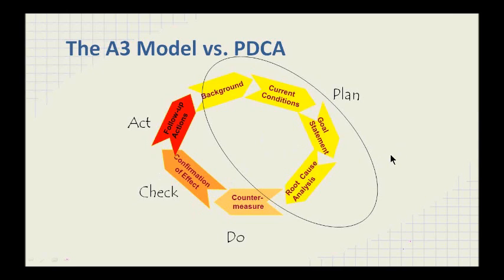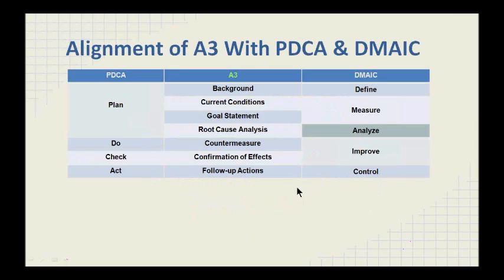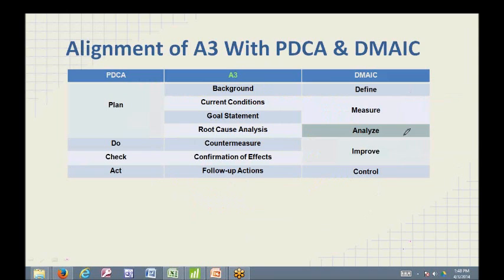Okay, so moving on here, you can see the A3 model in comparison to the Plan, Do, Check, Act on the left and the Six Sigma DMAIC on the right. So you know that this is the Six Sigma on this side.